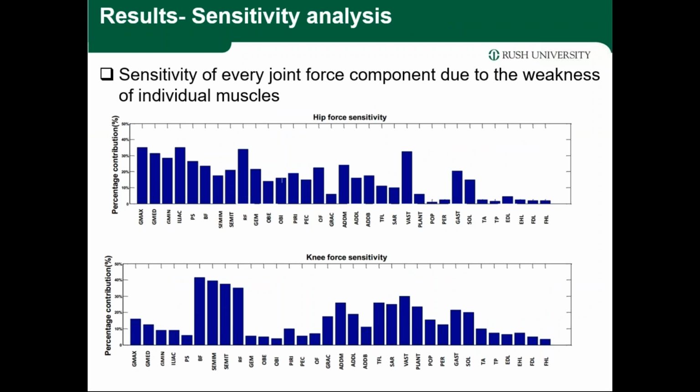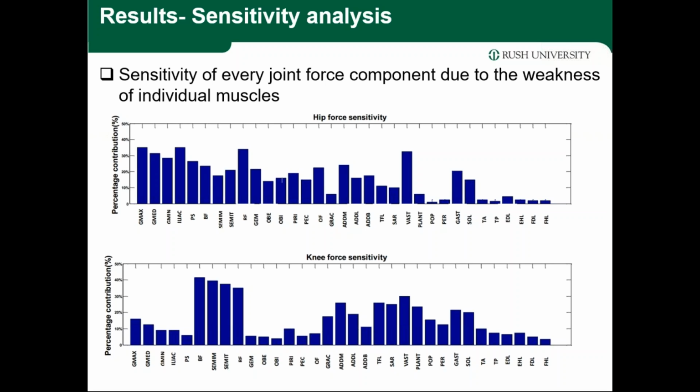We have calculated the sensitivity of every joint force component to the weakness of individual muscles. So how sensitive is the hip force to weakness of every individual muscle, for example gluteus maximus?